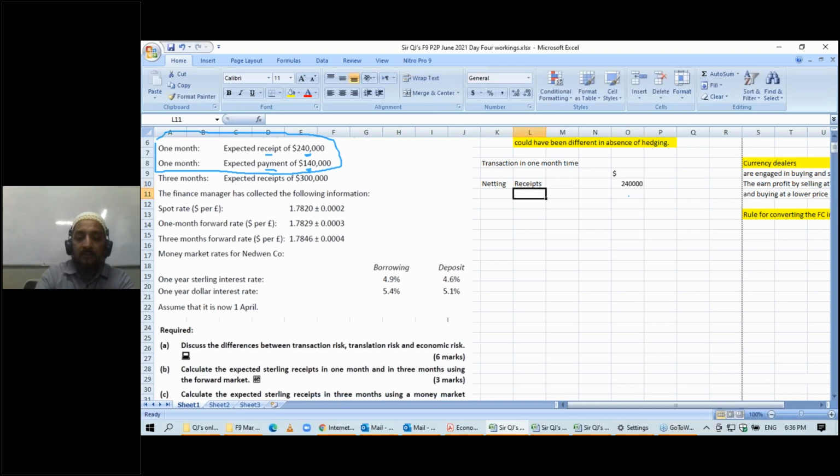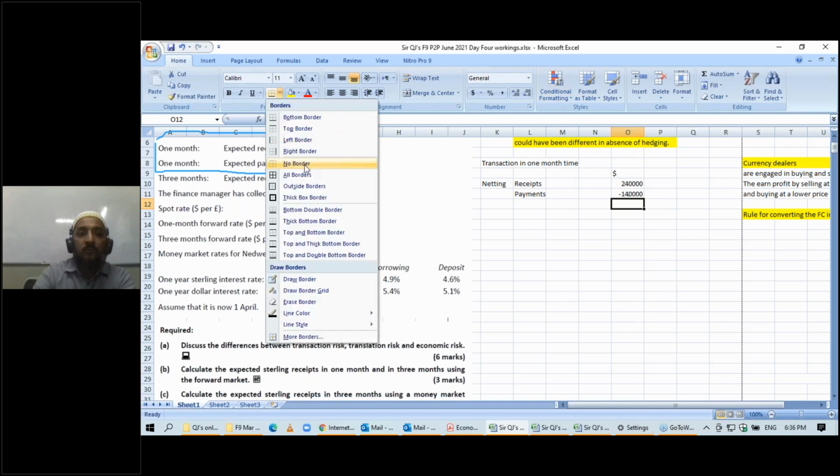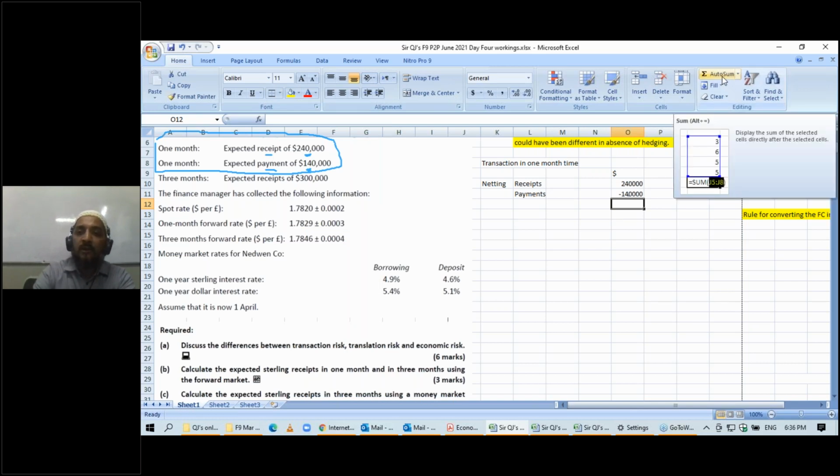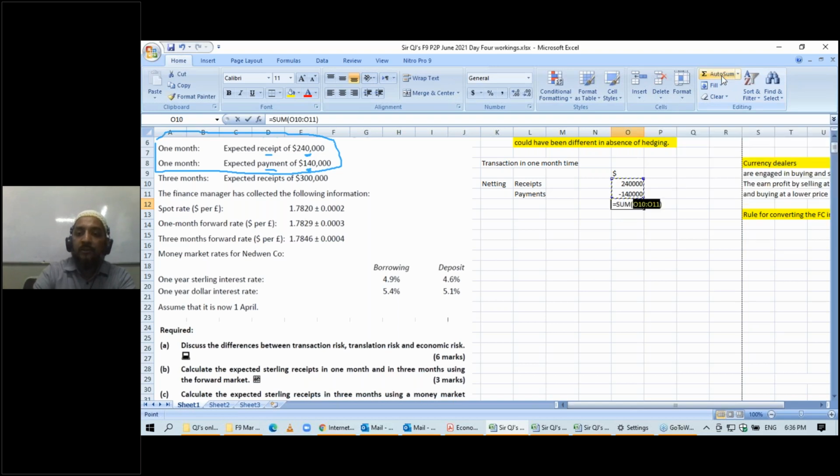Deduct the payments out of it, which is 140,000. So now you are left with 100,000, which you need to hedge. Now 140,000 can obviously be paid out of 240,000. So you remain with 100,000 after 1 month's time, which you need to hedge. So 100,000 is exposed to change in the foreign currency rate.